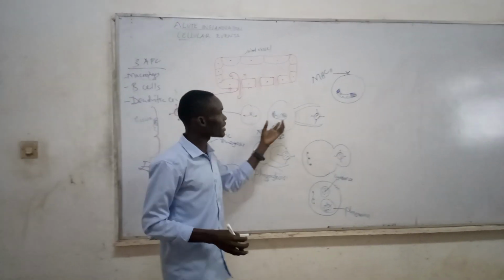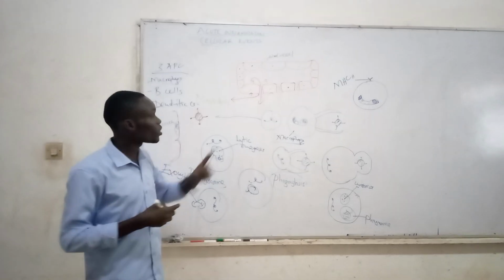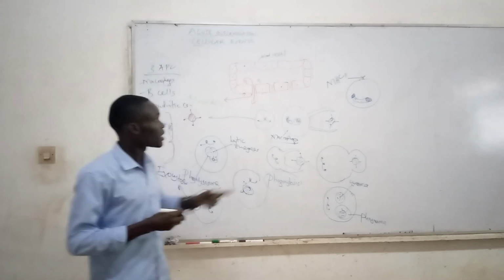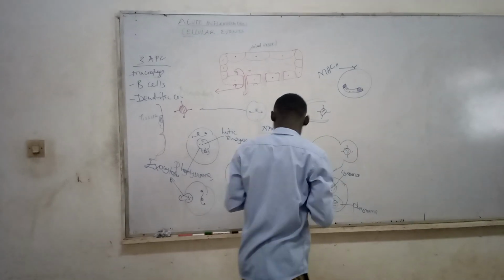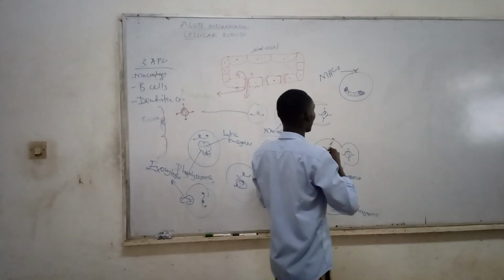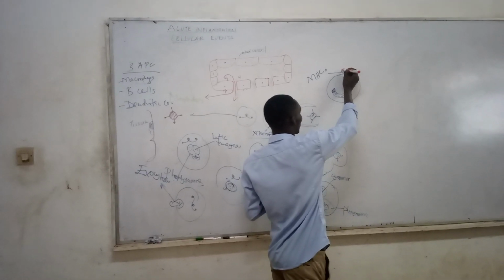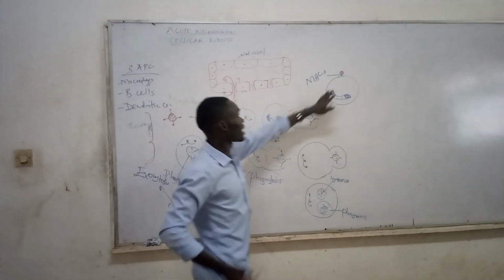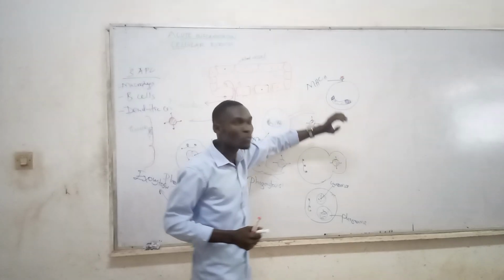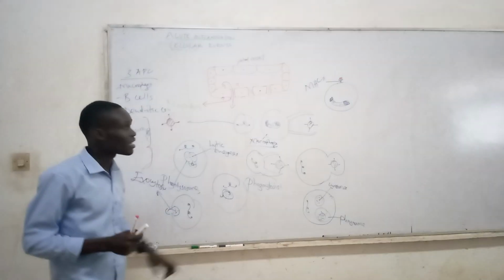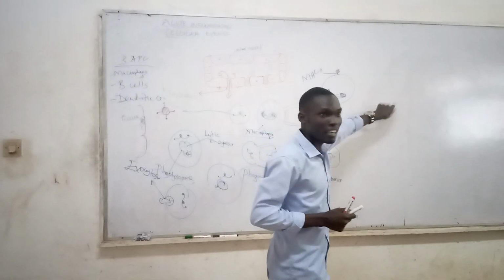Once the bacteria has been engulfed, it is processed, and then the bacterial antigens are now presented. So this is the bacterial antigen. The bacterial antigen is now presented through the MHC2. Once it is presented, it is also taken to the nearest lymph node.